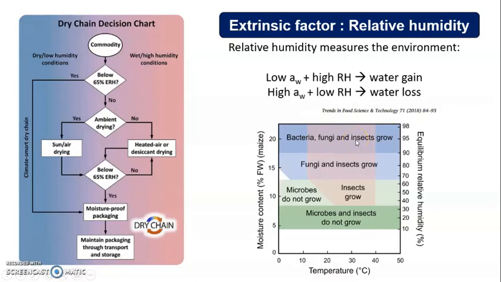Bacteria, fungi, and even insects, although insects are not part of the microorganisms. As the relative humidity goes down, you can see how much bacteria will thrive, and at last, low relative humidity will inhibit microbes and insects from growing.